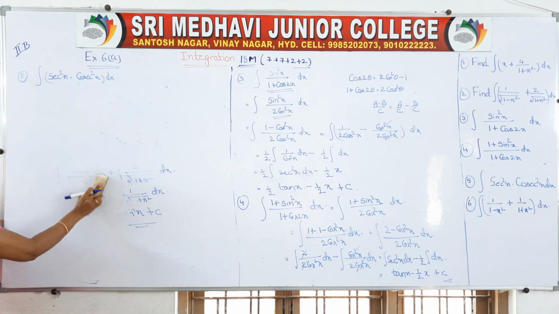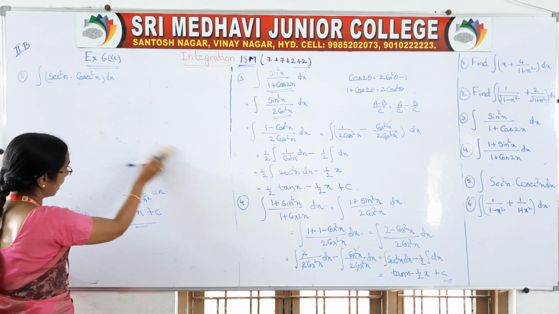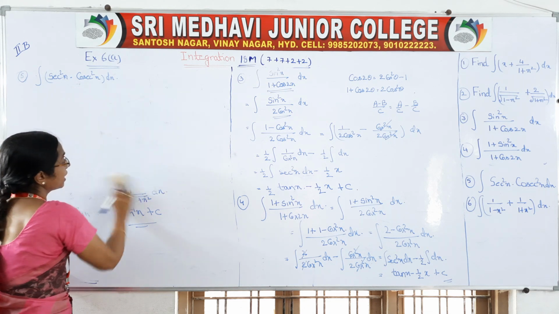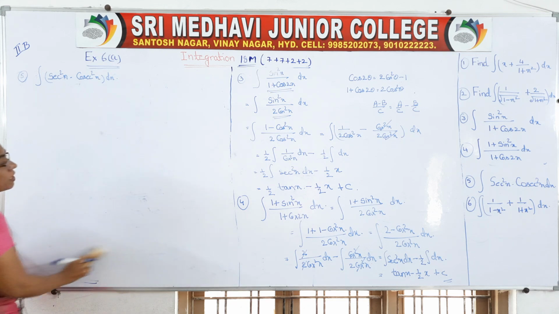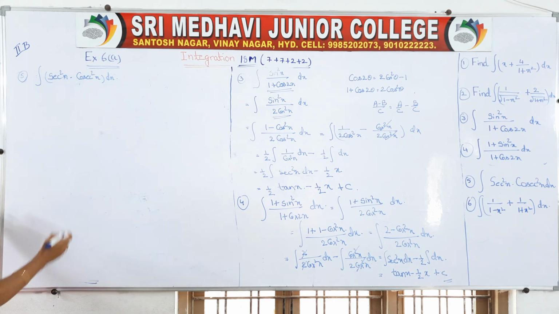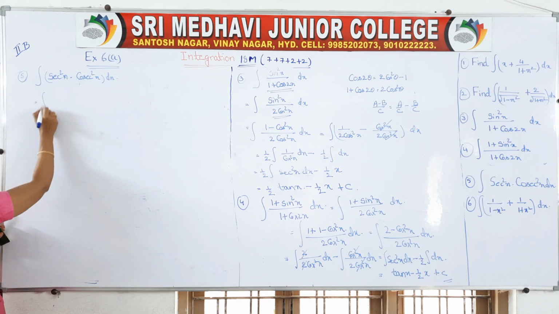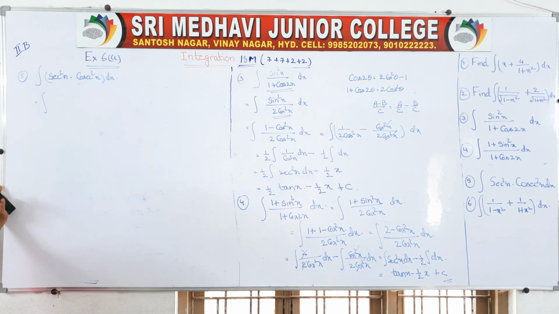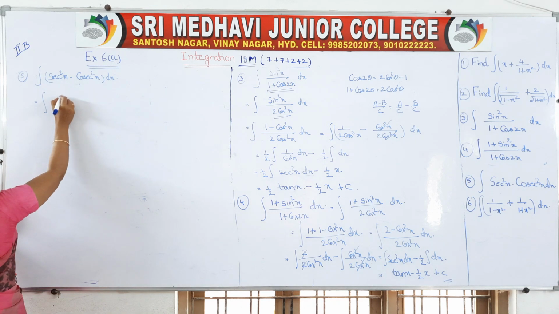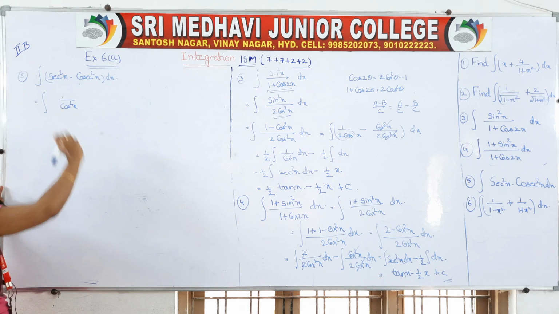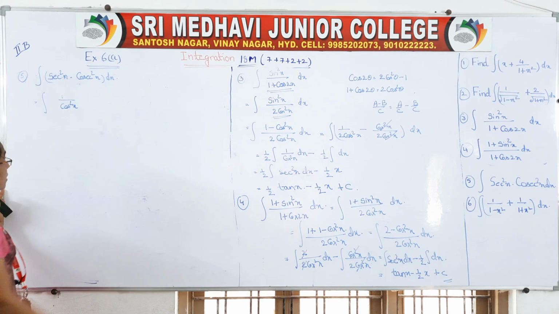So I said whenever it is not in our standard form, try to reduce it into our standard form. How can we reduce this problem into our standard form? Observe, it is secant square. You know secant and cos are reciprocal to each other. Instead of secant square x, we can write 1 by cos square x.